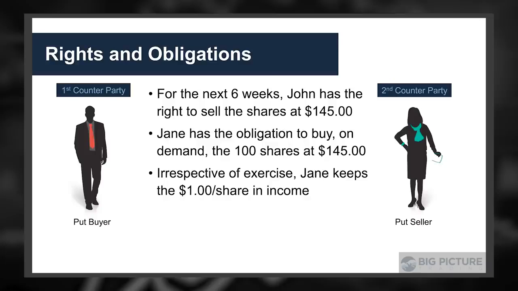So what's happened between the two is that for the next 6 weeks, John has secured a guaranteed sale price, his right, that is his choice. He could pick up the phone at any time and call the broker and say, I'm exercising my right to be able to sell those shares at 145.